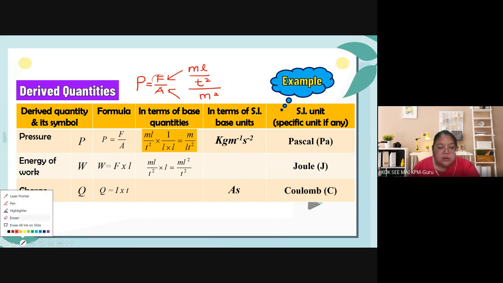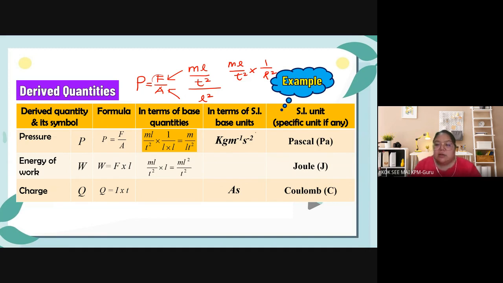Okay, I'm going to erase. M is a mass. There should be length. Area is a length, so it's L square. So now, ml over t square, multiply 1 over L square.